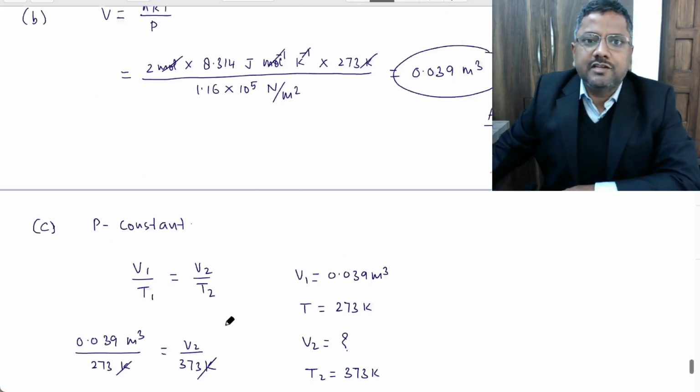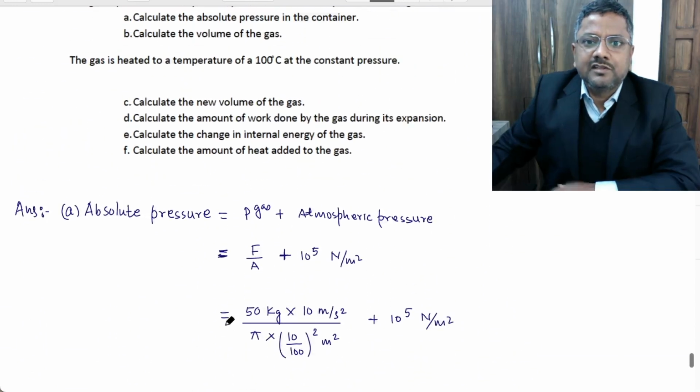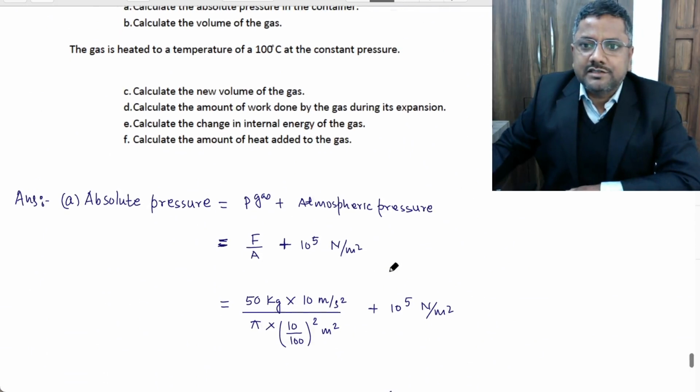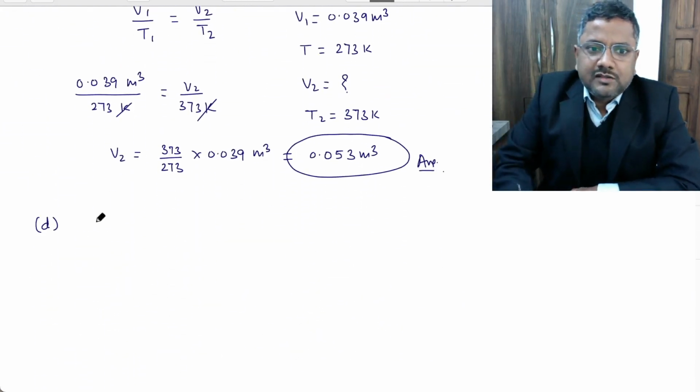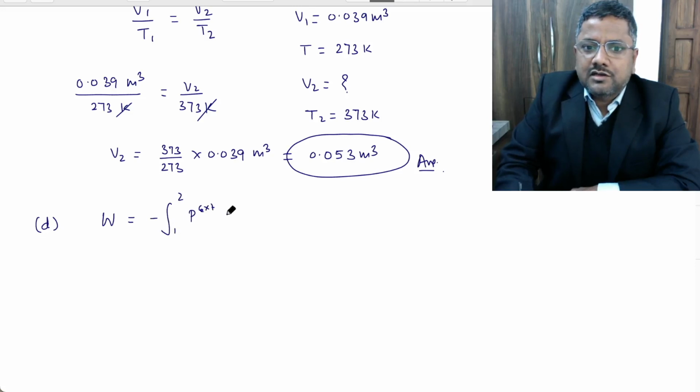What is this D part? They have asked: calculate the amount of work done by the gas during its expansion. So basically W is equal to minus integral from 1 to 2 of P external dV, right?